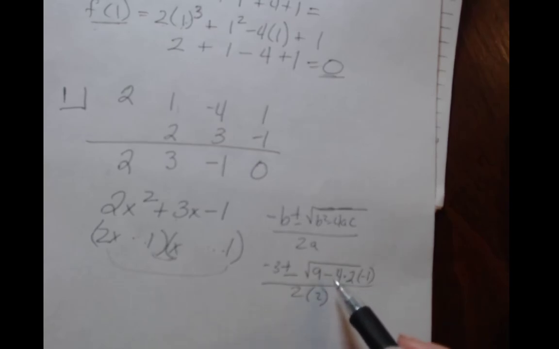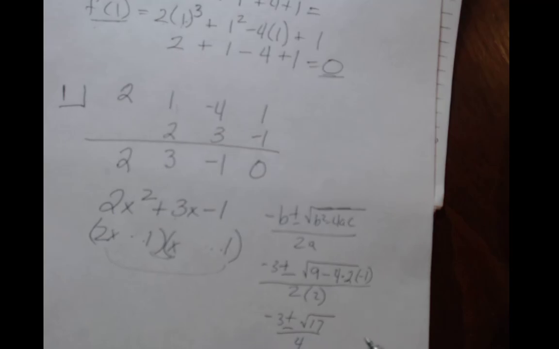This is 9 plus 8, which is 17. This is going to give us an irrational number, so no additional solutions.